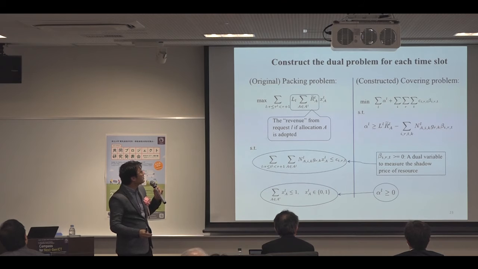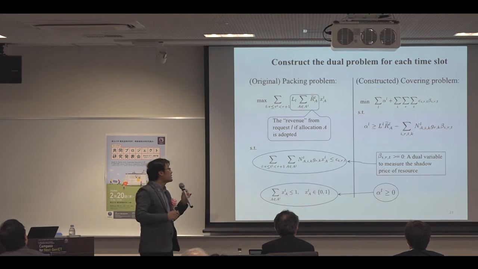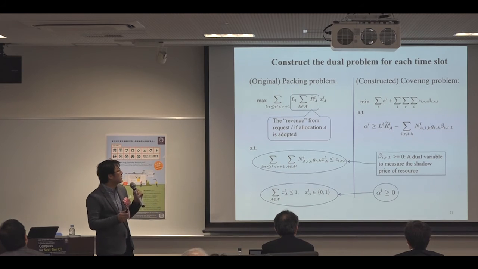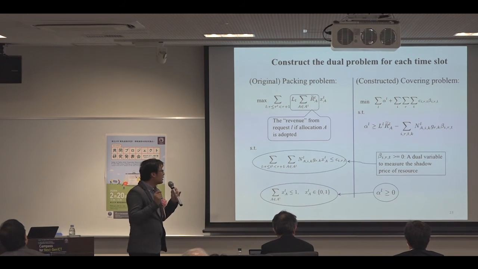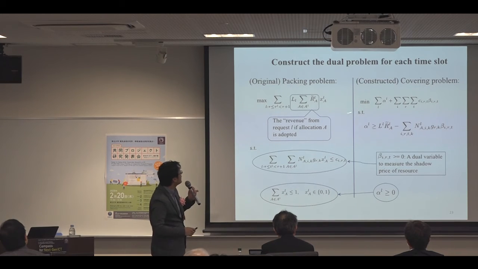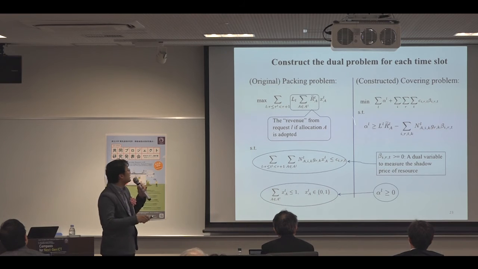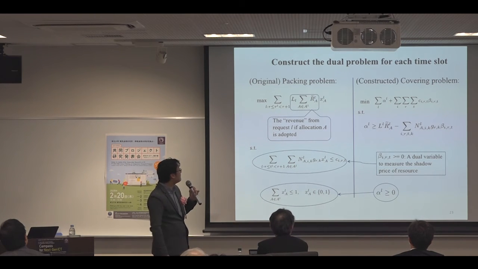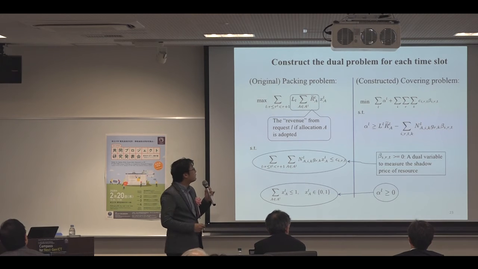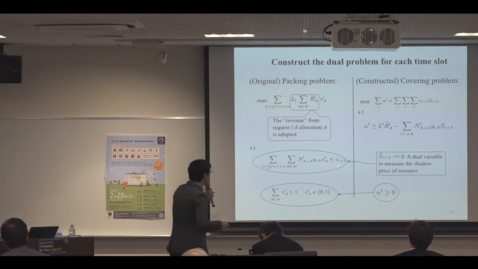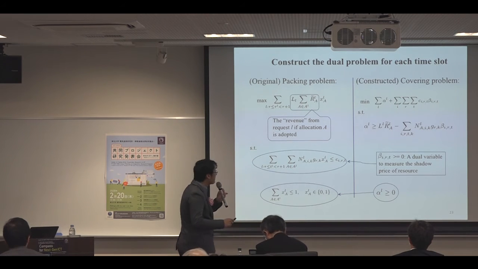So we consider a very old but interesting trick, that is to build the covering problem corresponding to the packing problem. That's because the decision variables of the covering problem correspond to the constraints.